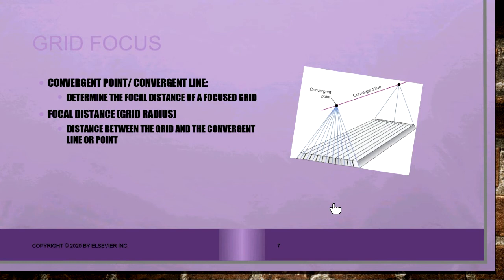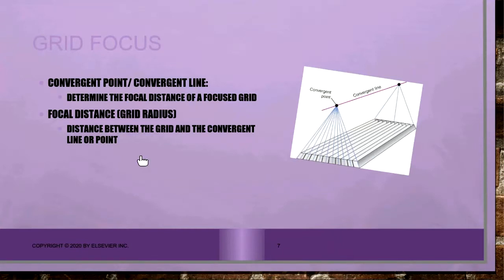If you don't utilize the grid within that focal distance, then you will exhibit what's called grid cutoff. The focal distance is the distance between the grid and the convergent line or convergent point.